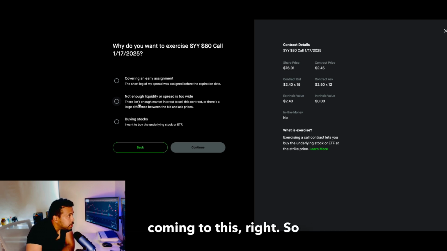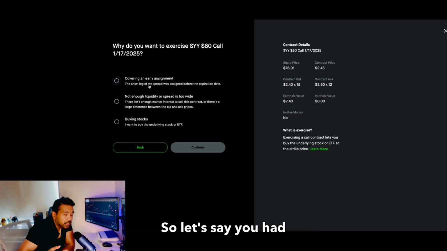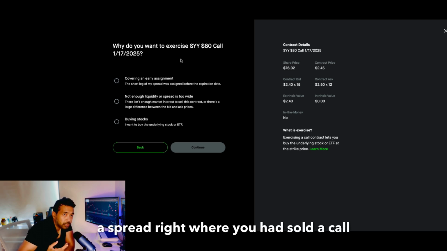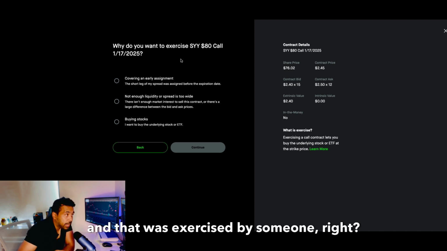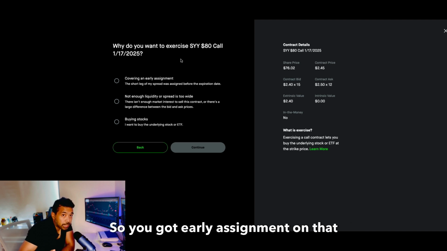Okay, coming to this, right? The first option is covering an early assignment. This basically applies if you have a spread. So this is buying a call. Let's say you had a spread where you had sold a call and that was exercised by someone, so you got an early assignment on that.